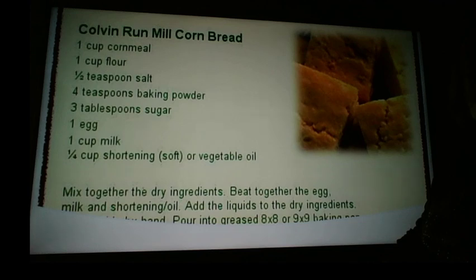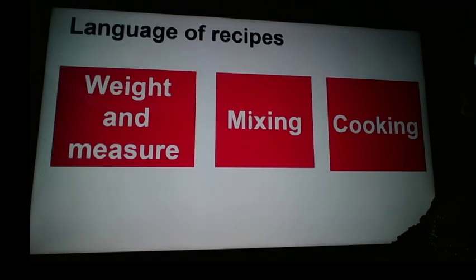But I don't think my cooking will be as good as yours, because you're all very good with cooking those things. So the language of recipes we can divide into three things really. We have weight and measure.